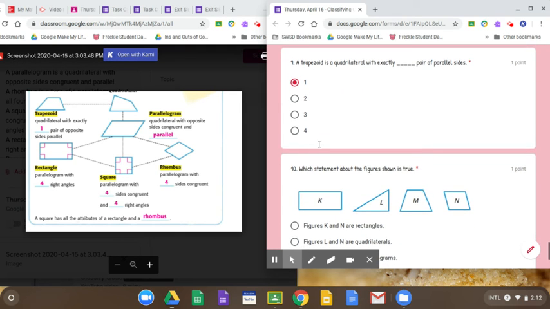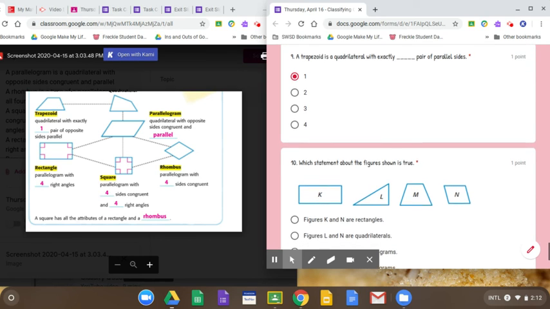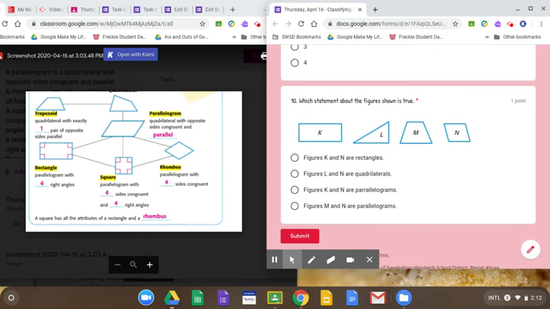The last one says which statement about this figure shown is true. First it says K and N are rectangles. K is a rectangle, but N is not a rectangle, so that one won't work. The next one says L and N are quadrilaterals, and that doesn't work because this isn't a quadrilateral. Then it says K and N are parallelograms.